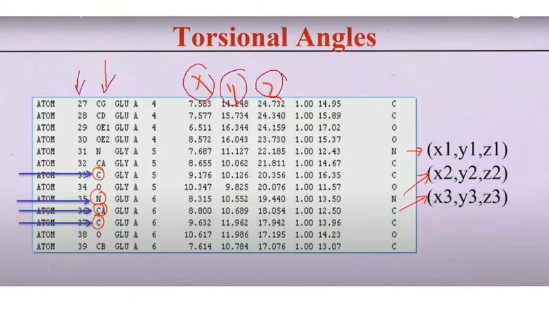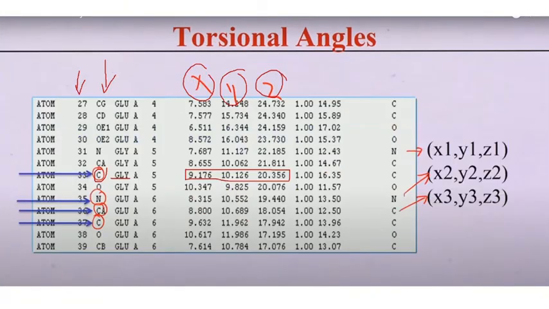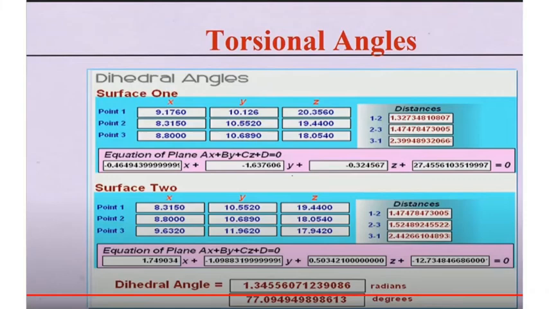Suppose this is the C alpha of the amino acid glycine. If we calculate with the help of the dihedral angle, we can get the actual dihedral angle it makes with the other carbon atom. I hope you are understanding how exactly they calculate the dihedral angles.